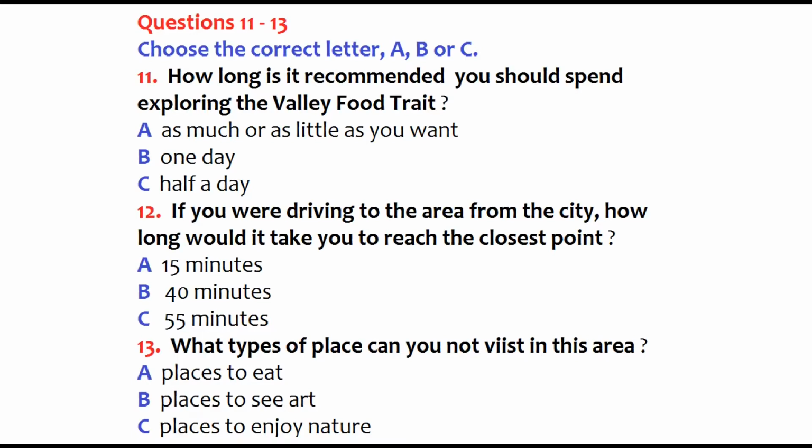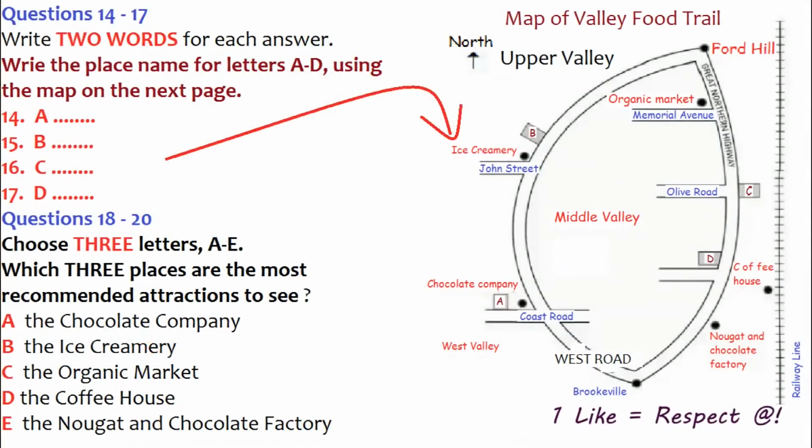Of course, apart from food, there are many other places of interest in this area, including cafes and restaurants and galleries and studios. But I wouldn't recommend you go here to see parks and gardens. The other information lines will give you specific information related to these particular attractions. Before the final part of the message, you now have 20 seconds to look at questions 14 to 20.